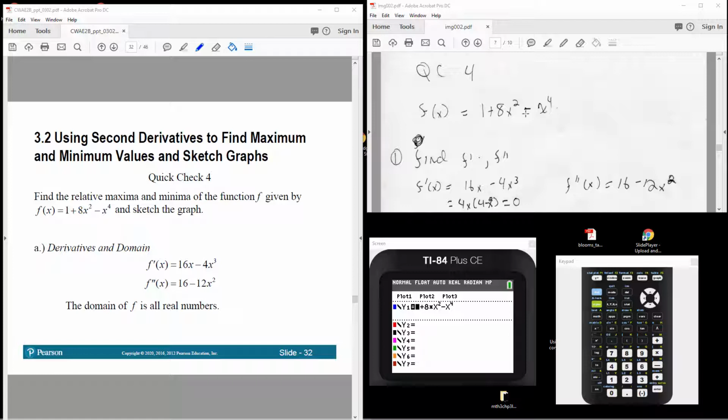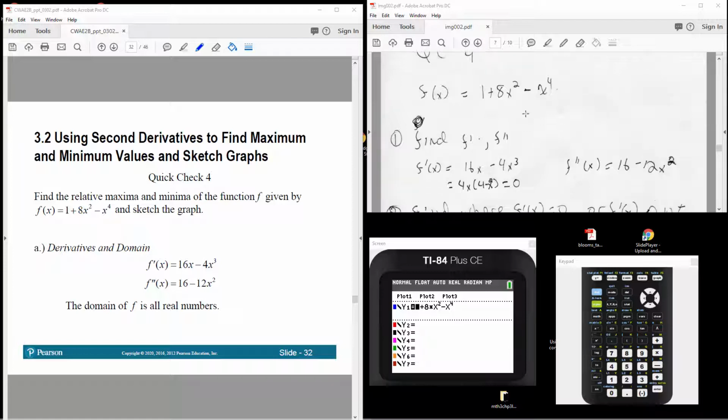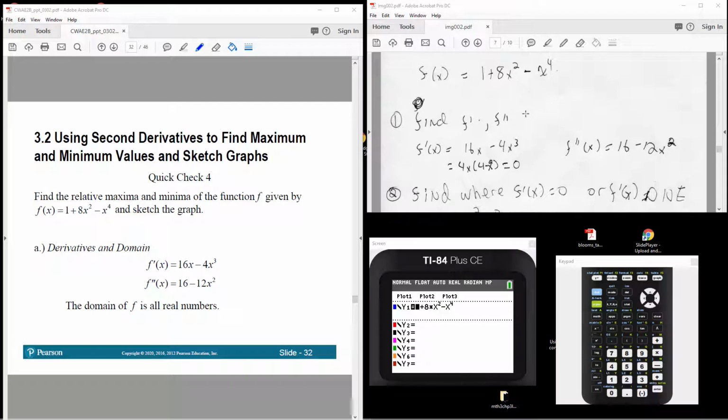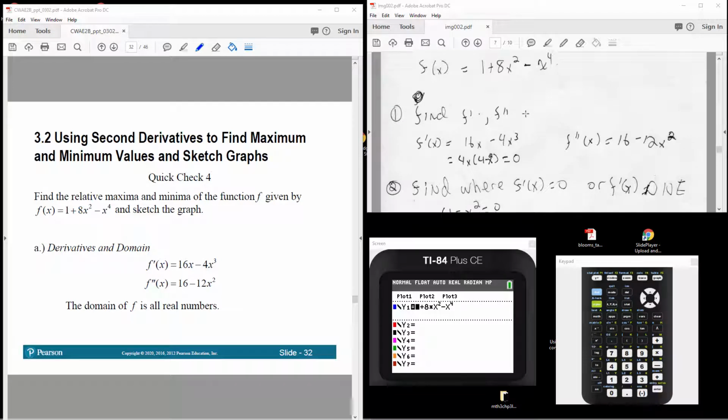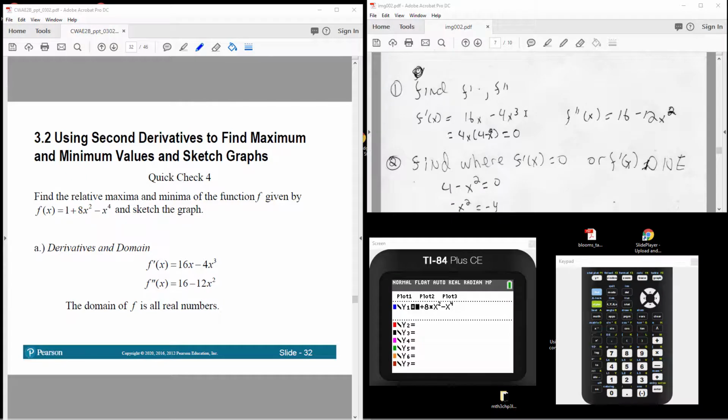This one here asks us to find max and min, and sketch the graph. So the first thing I do, I find my second derivative. Okay, it exists everywhere. Next, I find where the first derivative is 0.